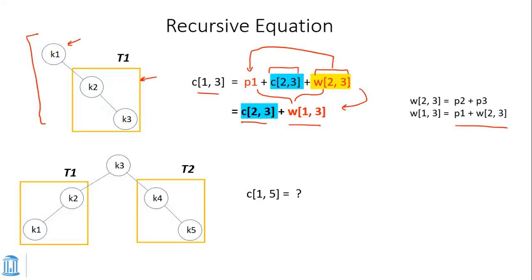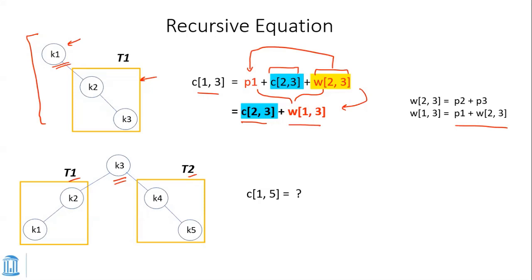So now, if you've understood that, let's generalize this. In this case, I had taken K1 to be the root, and I had a substructure which was only the right keys. Now let's assume that you have 2 substructures, T1 and T2. T1 is the left substructure and T2 is the right substructure. I'm making K3, some key in the middle, the root.